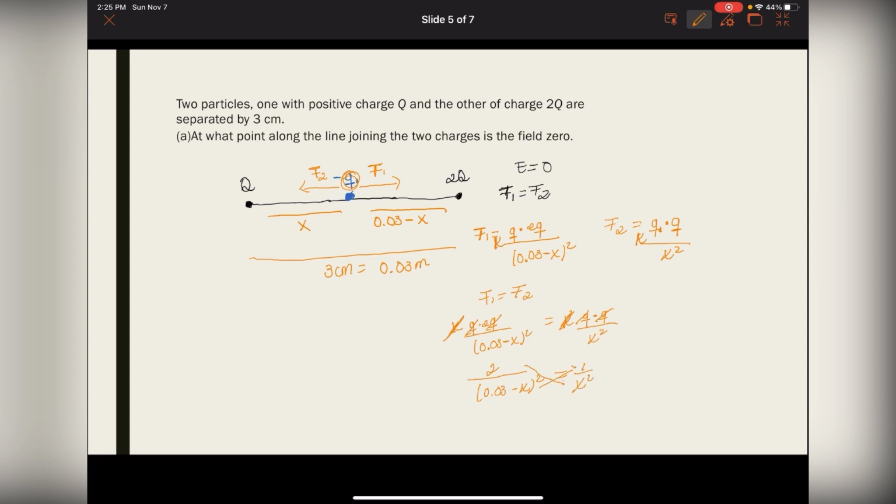Cross multiply: 2x squared equals 0.03 minus x squared.